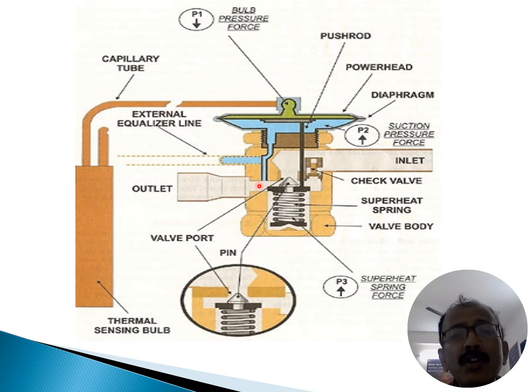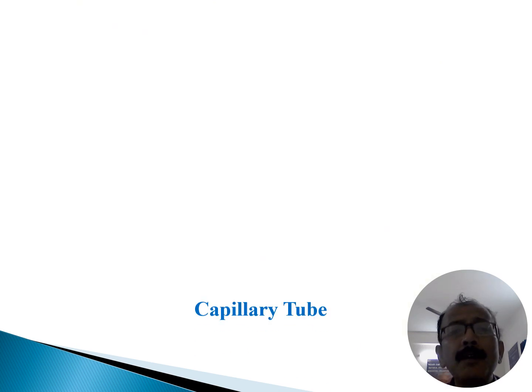It goes out and enters the evaporator. This is the cross-sectional view of the expansion valve or throttle valve.